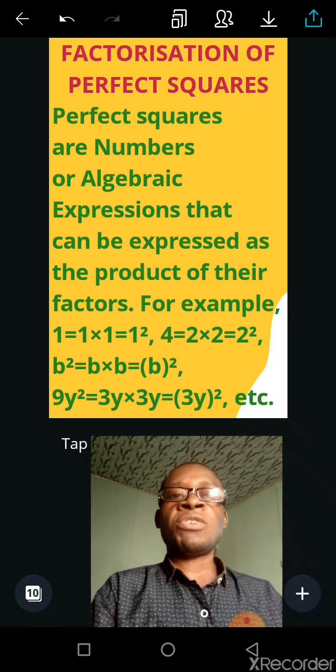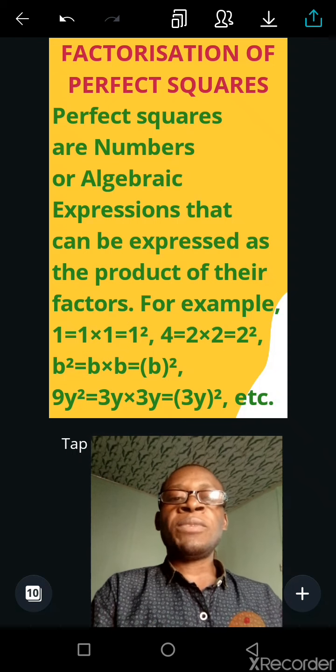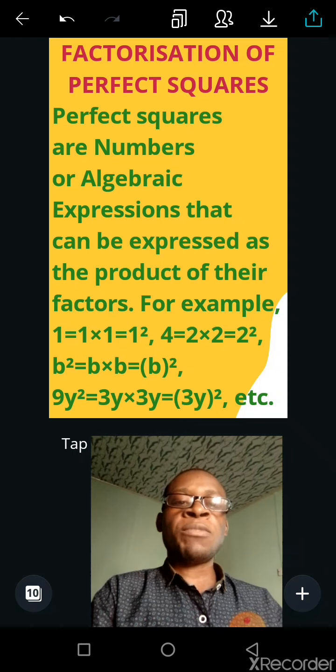The topic we are considering today is factorization of perfect squares. Perfect squares are numbers or algebraic expressions that can be expressed as the product of their factors. For example, 1 equals 1 times 1, which is equal to 1 raised to the power 2. 4 equals 2 times 2, which is equal to 2 raised to the power 2.